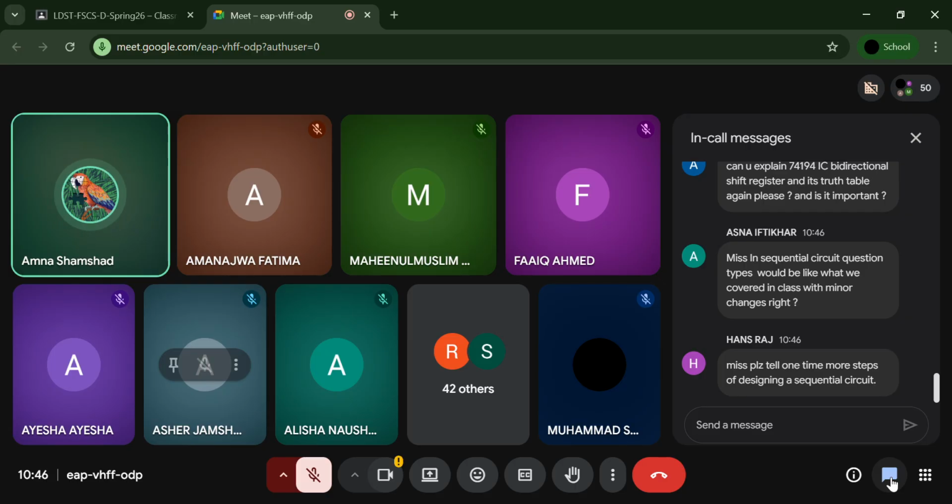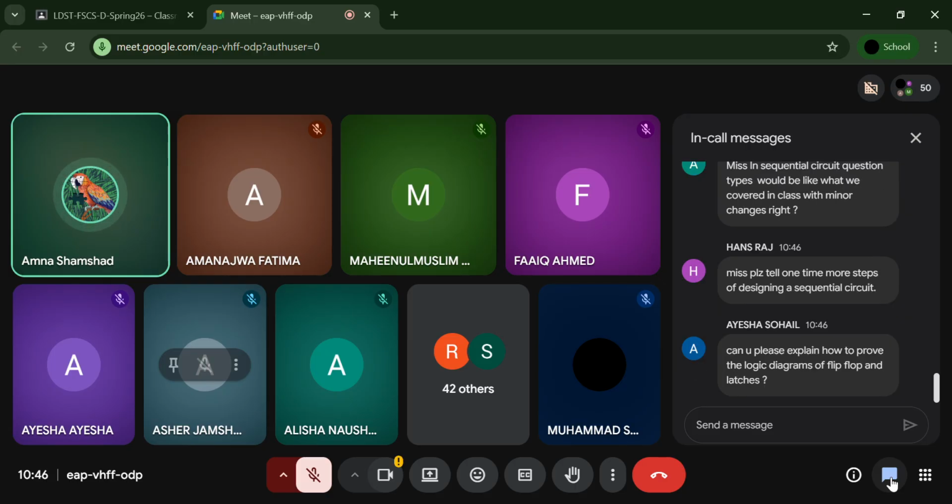Yes, Asna, your answer is yes. And Hans, the steps start from the sequential circuit problem statement. You either have the problem statement or the state diagram given.